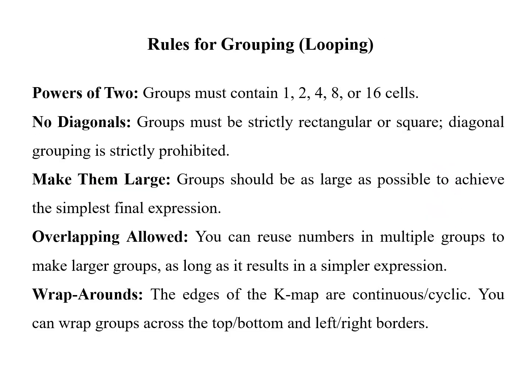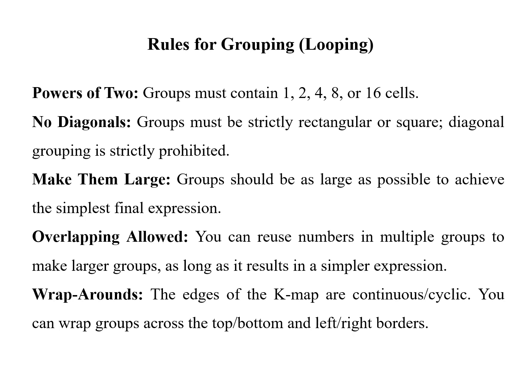Then, what are the rules for grouping? In two variables, we can group either a single variable, a pair, or a quad. There are three things to grouping in two variables. Here, the grouping must be a power of 2: 1, then 2, 4, 8 or 16.